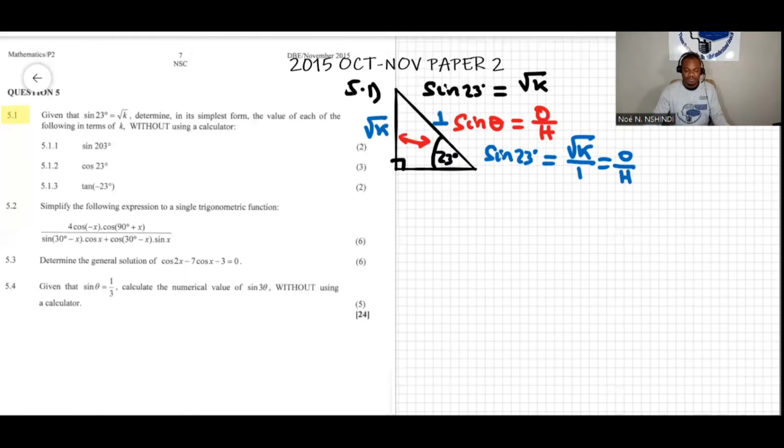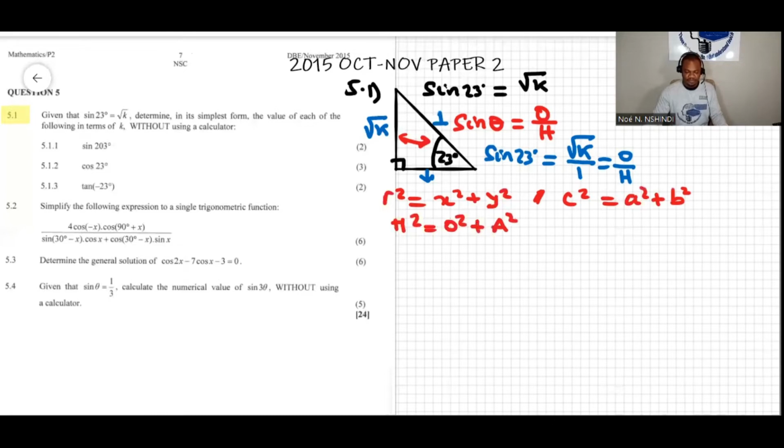Now, let's find the adjacent side also, with the help of the Pythagorean theorem. Sometimes people write c squared equals a squared plus b squared, or h squared equals o squared plus a squared.